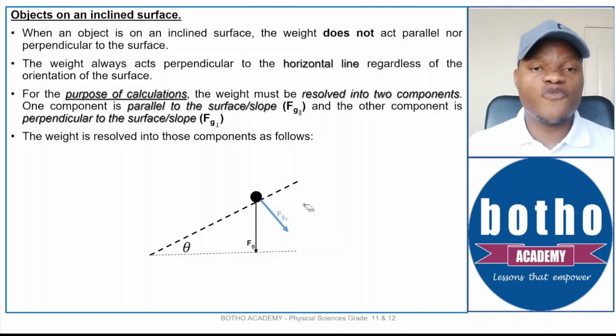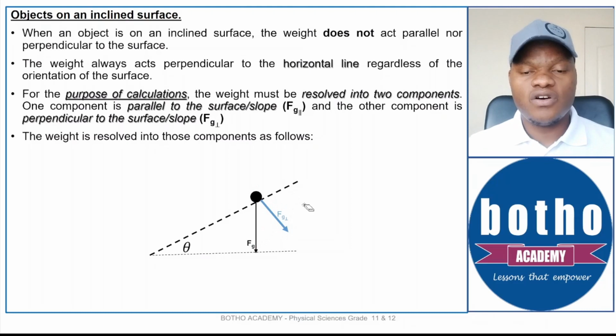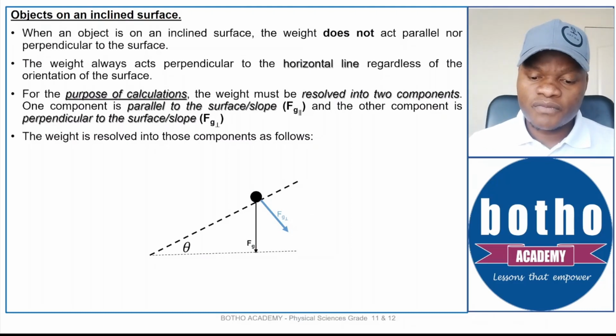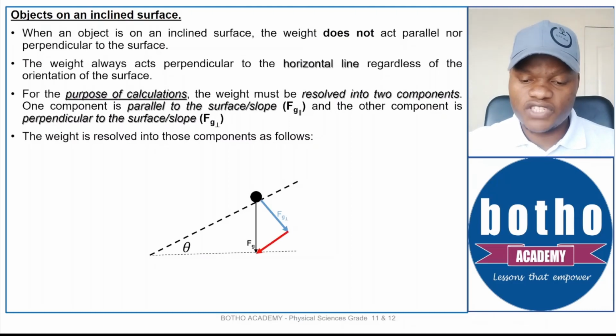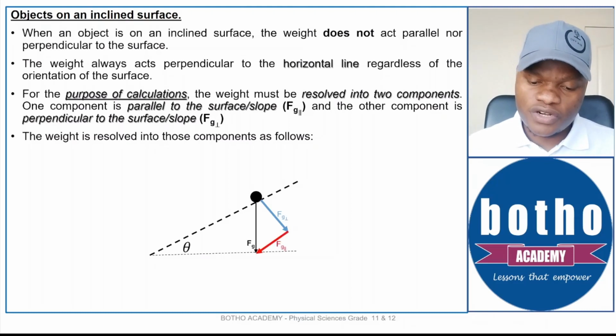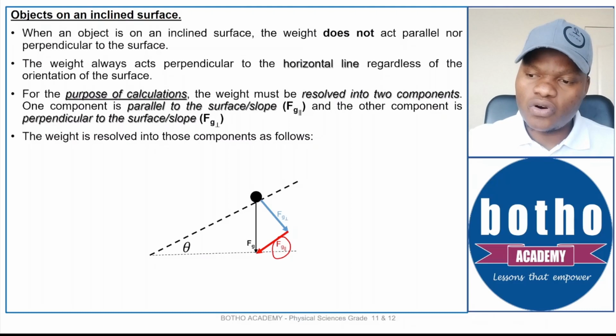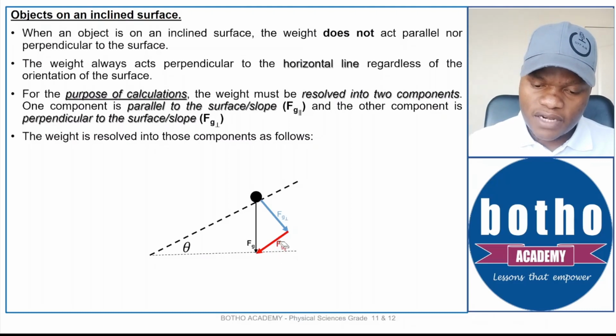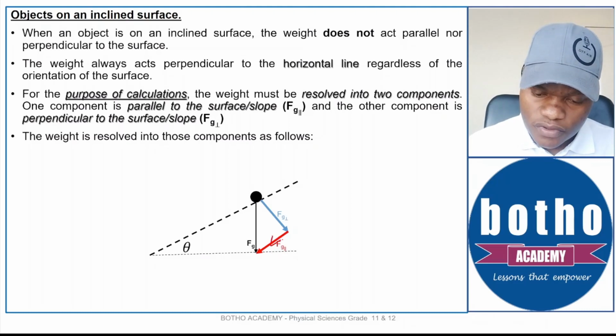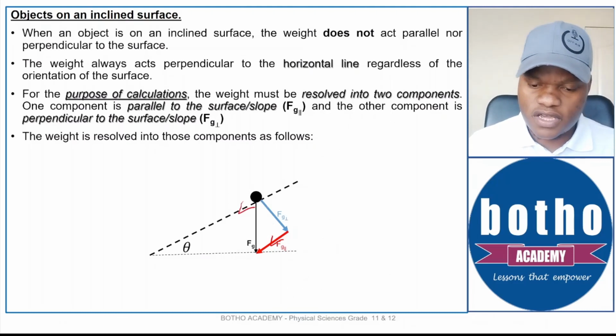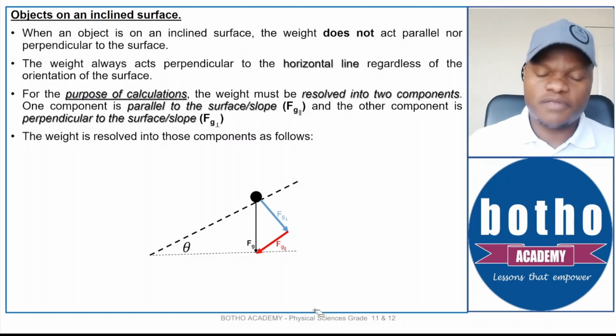The second one, if we use the head to tail method, is drawn from the head of the previous vector, and that is your FG parallel. Why do we call it FG parallel? Because it is parallel to the slope. So that would be your FG parallel.